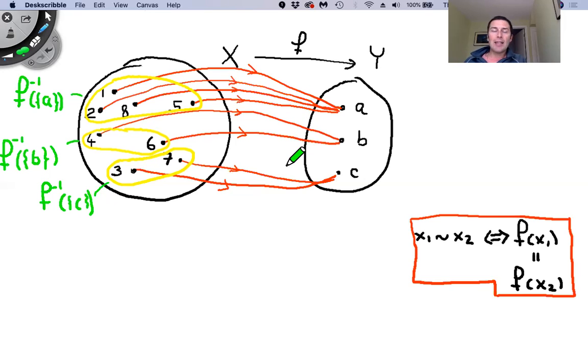Well, that is exactly saying that the inverse images of the singletons consisting of the elements of Y form a partition of the set X. And now we know that a partition is the same as an equivalence relation. So hopefully this is good. So how many equivalence classes do we have now for this equivalence relation?